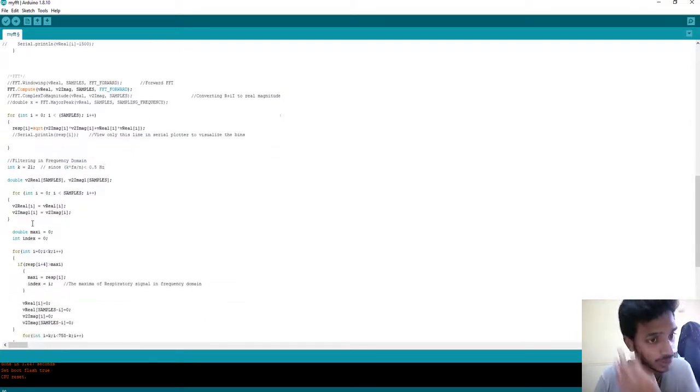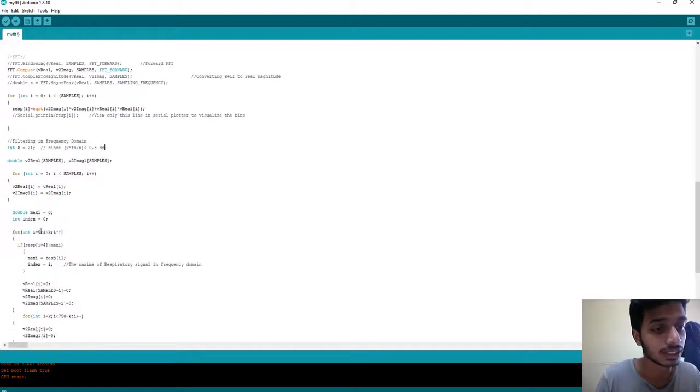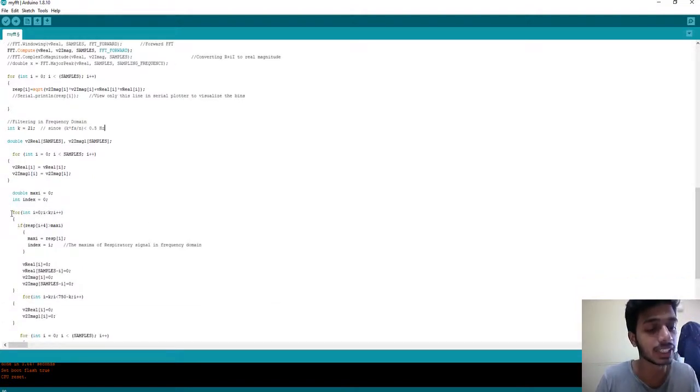So using that, I'd be finding the peak between index 0 to 21, and I'd be eliminating that peak in order to get a clean PPG signal, and I'd be putting a window of say 5 or 7 and retain that peak and the window elements and remove the entire other things in order to extract the respiratory signal.